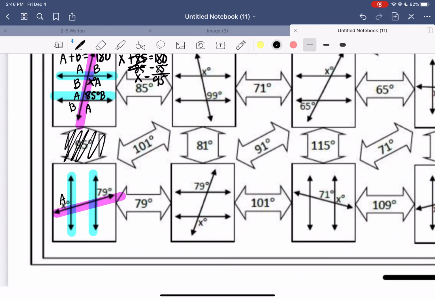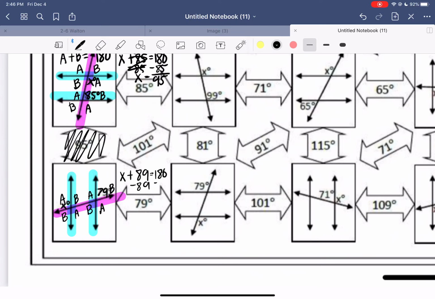So we have A, B, A, B, A, B, A, B. So the x degrees, the one we're looking for, is on an A, but the number that they give us is on a B. So we're going to have to take A is x plus 89 equals 180.